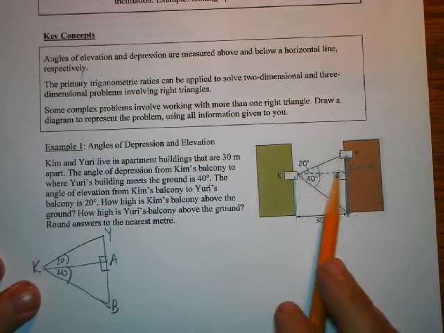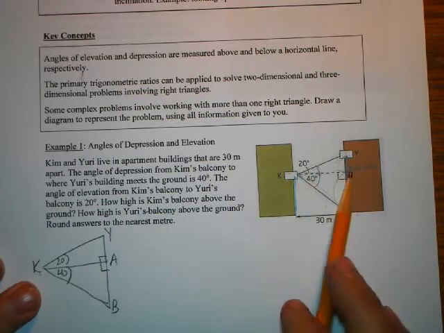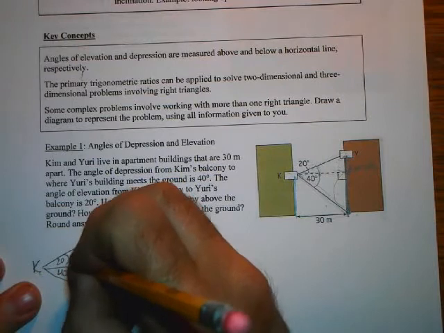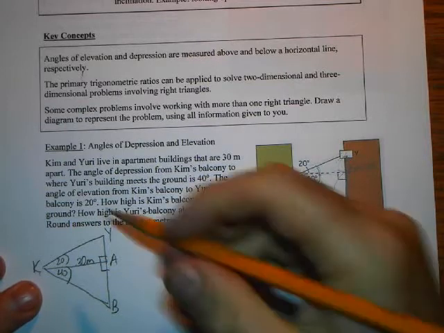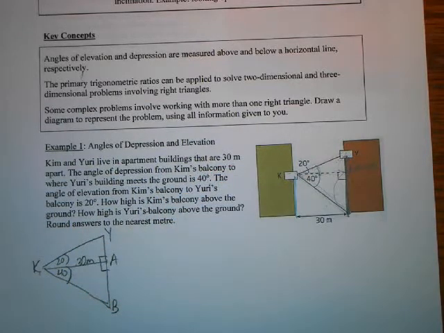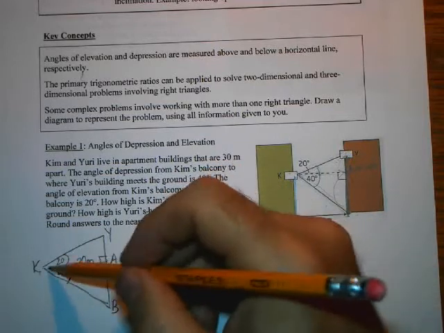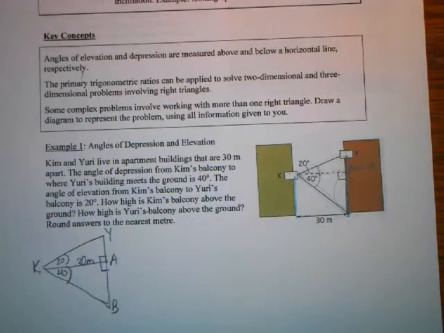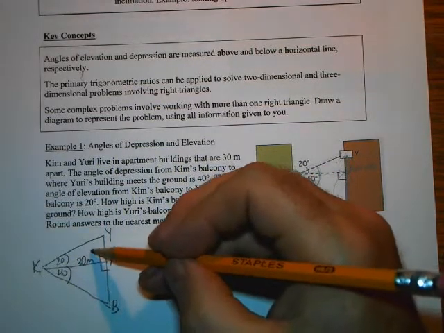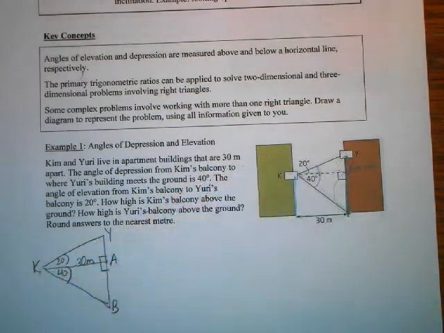So that horizon line we drew there is 30 meters as well. And that's actually the only distance we know. We know the two angles and the one distance. And you notice this is a common side for both triangles. So that's going to be doubly useful, because we can use it in the upper triangle and the lower triangle.